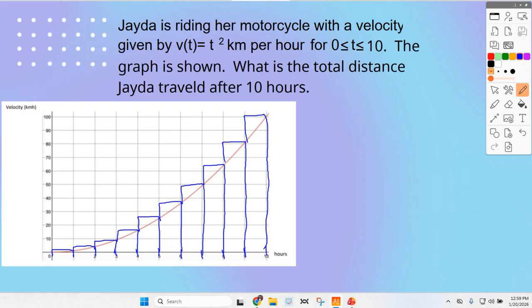Now, do we remember what symbol we have that means to add a bunch of things together? Sequence. That is the name we give it when we list them, but what can we use to represent a series, which is when you add them? Exclamation point? No, that's a factorial.